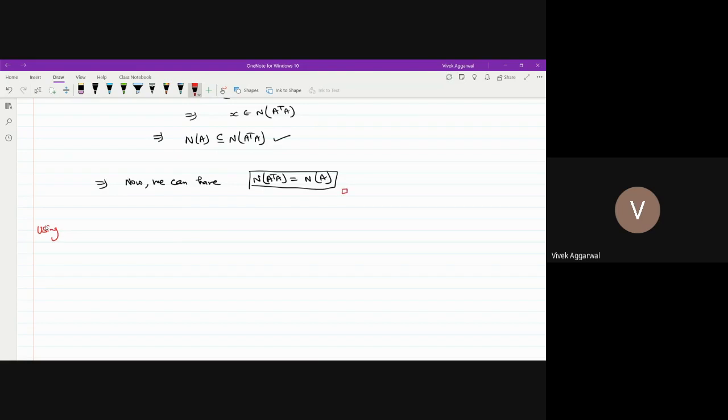Now we have that using the rank-nullity theorem, I know that the rank of the matrix A plus the nullity of matrix A, in this case going from R^n to R^m, should be of order n, right?